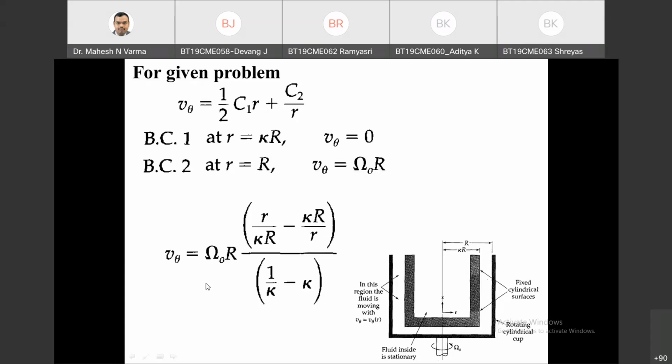Excuse me, sir. Am I audible? Yeah, tell me. Sir, roll number 4, Aditya. While discussing V theta as a function of Z, you said that we should consider the end effects neglected. But can we state another reason?